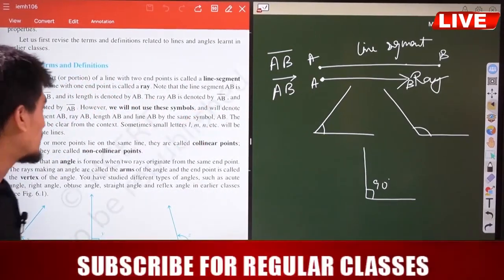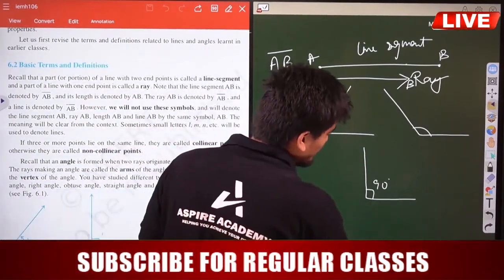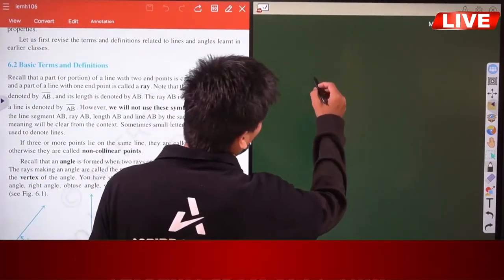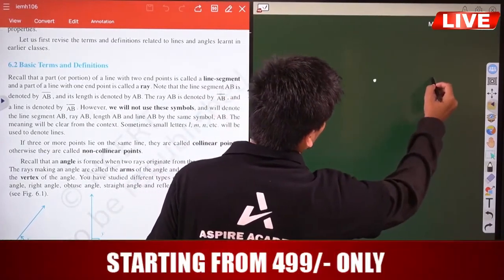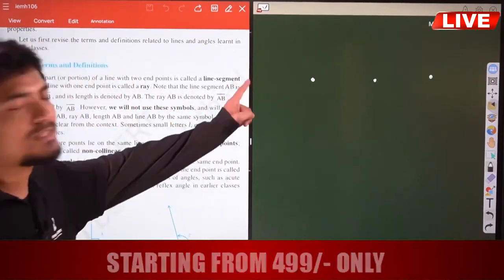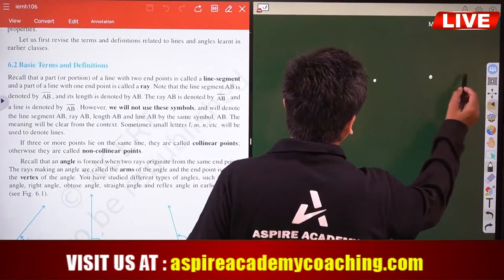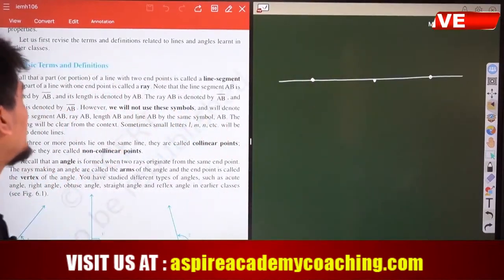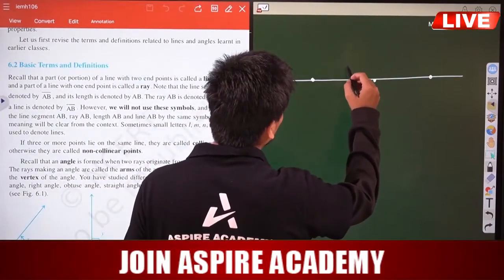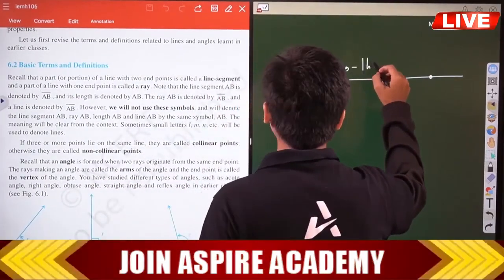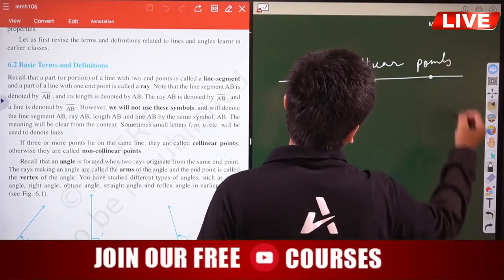Now see here, if these 3 points, this is one point, this is one point and this is one point, lie on the same line, then we call these points collinear points.